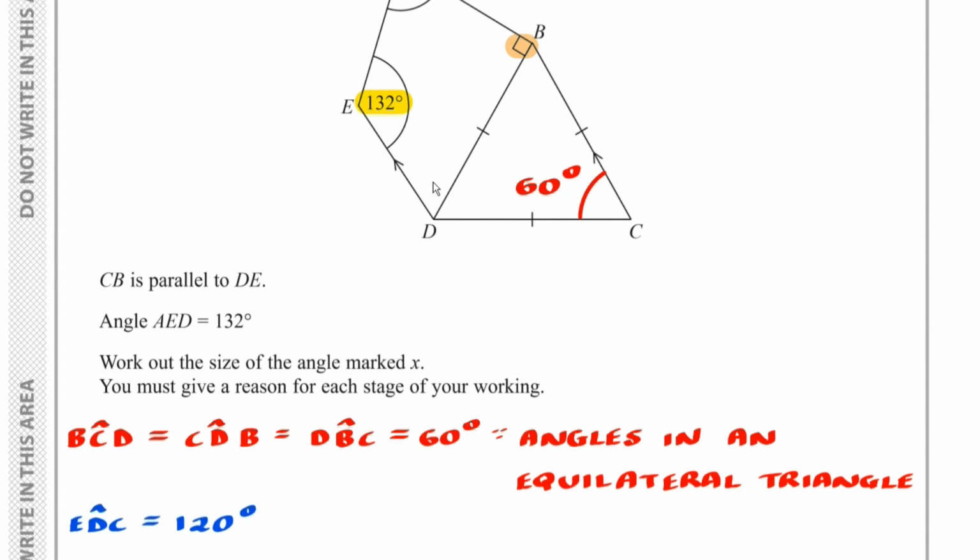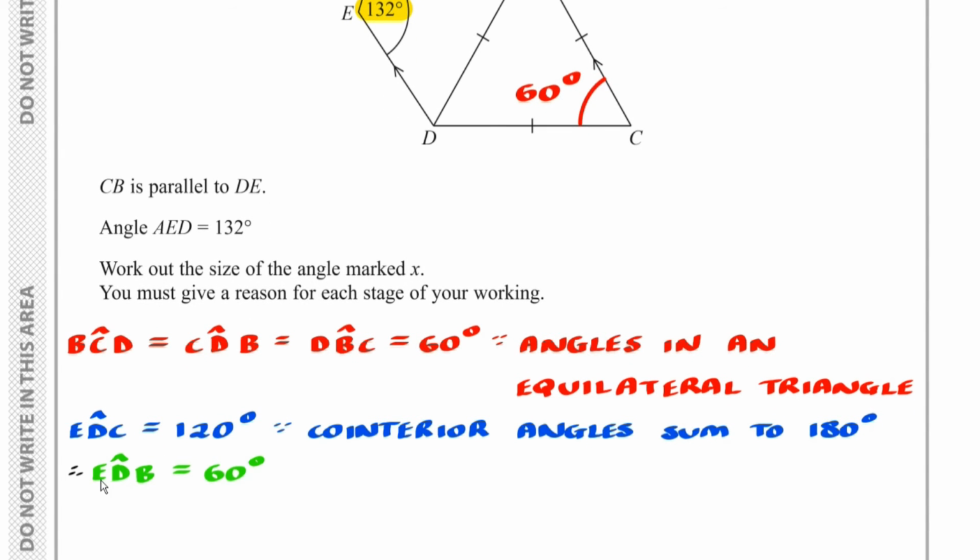Next, co-interior angles add up to 180, so the angle EDC is 120 degrees, and that's because co-interior angles sum to 180 degrees. So if this angle is 60 and the entire angle is 120, that means the angle EDB is 60 degrees. So let's show this on the diagram.